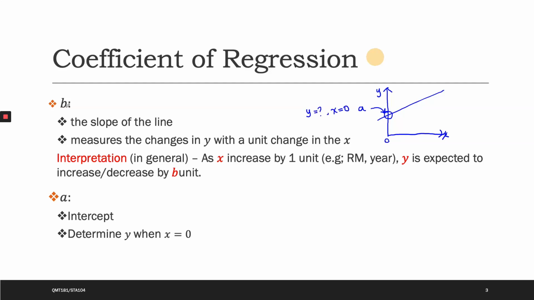Now b measures the slope of the regression line. So it means b measures the change in y with a unit change in x. In general, we can say that as x increases by 1 unit, y is expected to decrease or increase by b units.